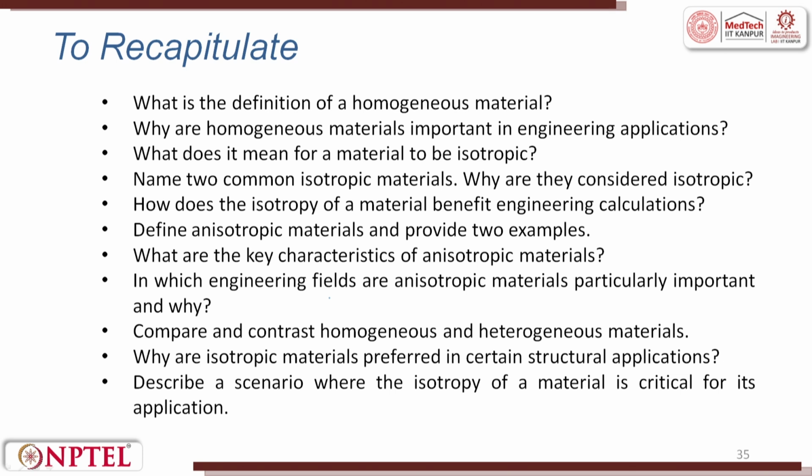Define anisotropic material and provide two examples we saw. What are the key characteristics of anisotropic material? In which engineering field are isotropic materials particularly important and why? Compare and contrast homogeneous and heterogeneous material. Why are isotropic materials preferred in certain applications? And we saw two case studies to understand the benefit of isotropic and anisotropic material.